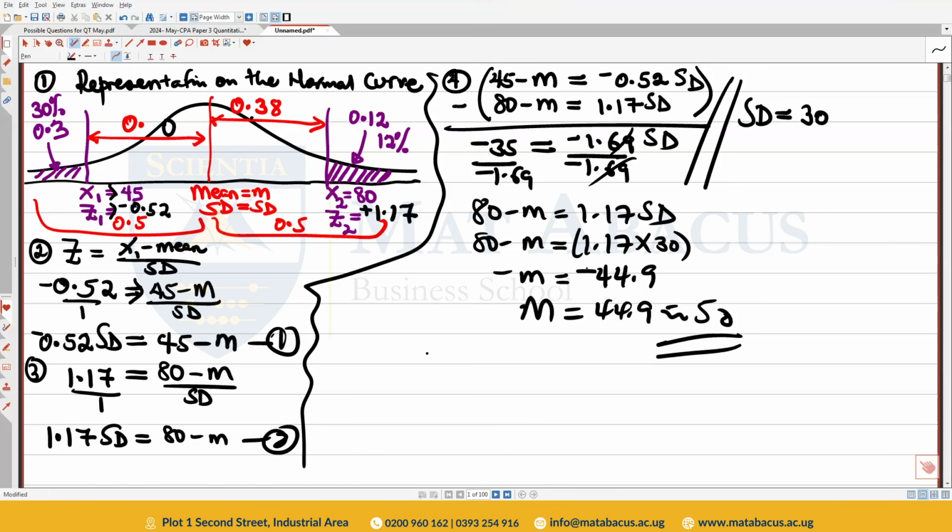So that means the Z is 1.17, and then you have your 80.